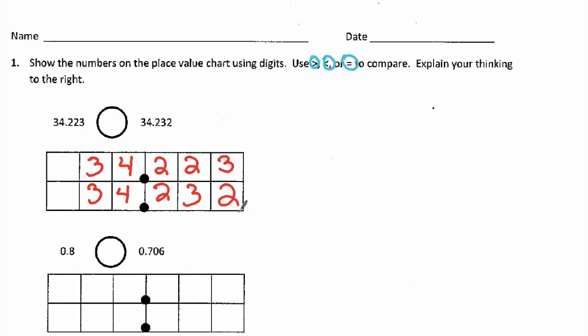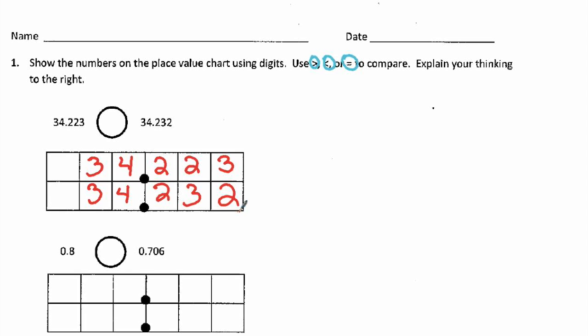You guys agree? Okay, good. Who can read the second one to me? 34 and 232 thousandths.